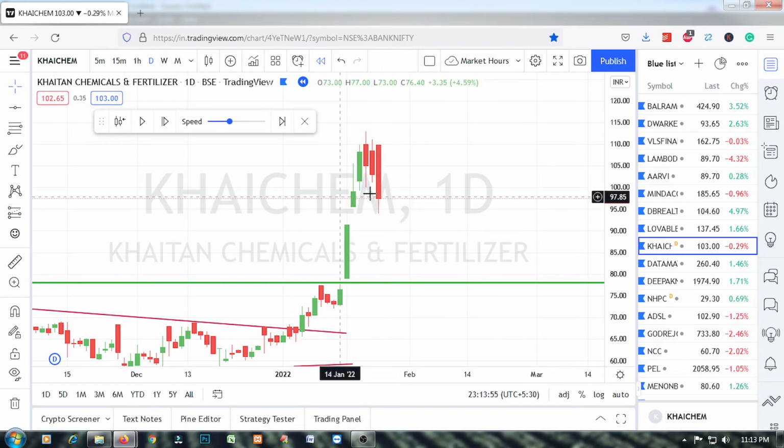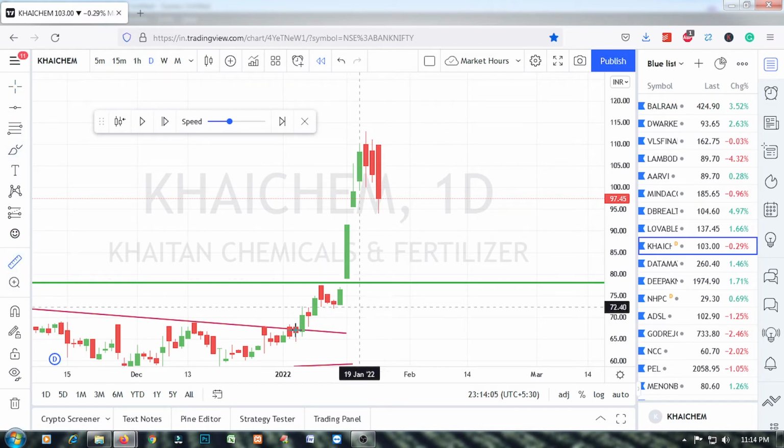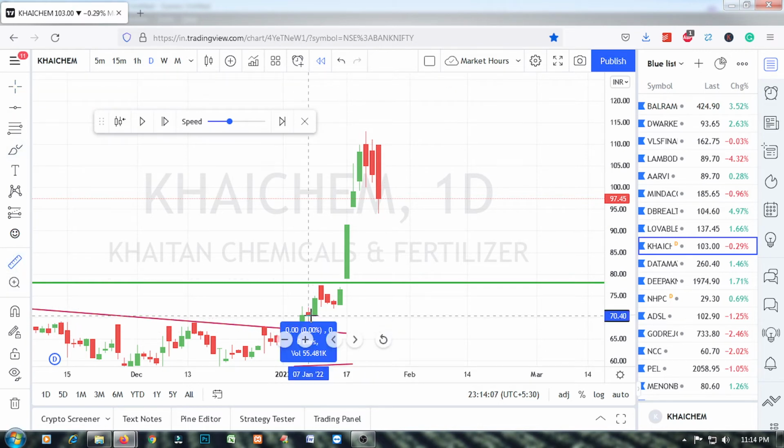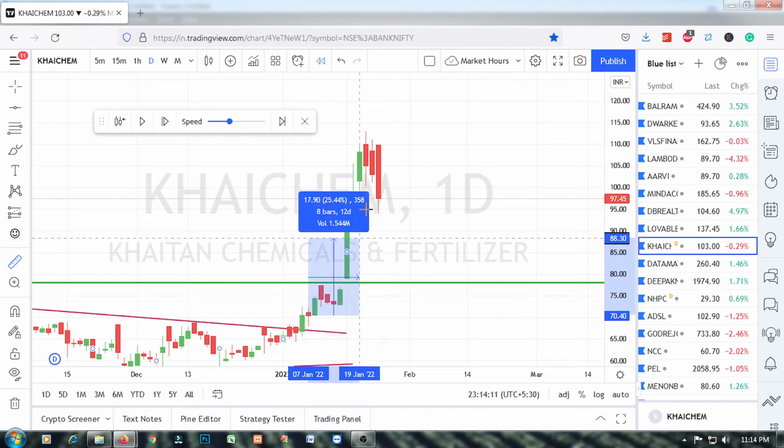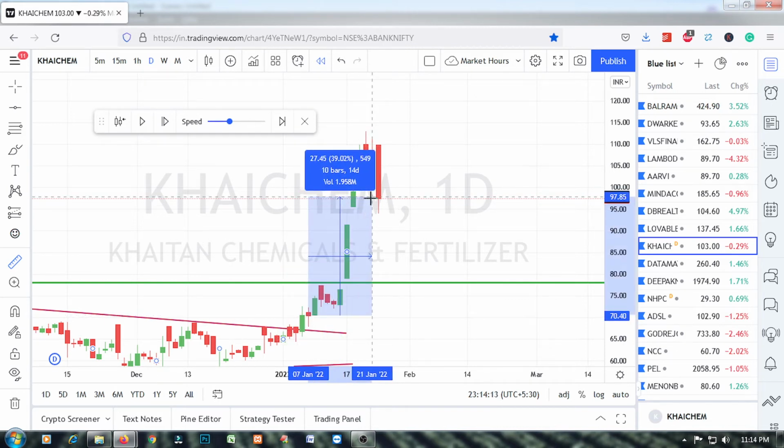Let us consider that on a close basis you have exited here at 97.35. Now let us look at the risk reward ratio, how much it has given. Your entry is at 70 rupees and your exit at 97.35.